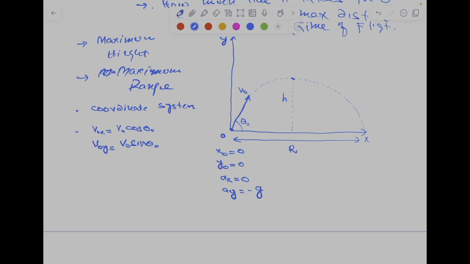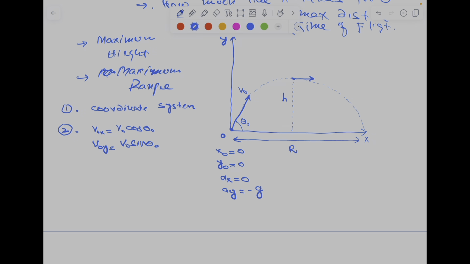When it reaches the maximum height, we learned that at this point it has only the x component, so the y component will be 0. So this is our second point. The first point is the coordinate system, the second point is resolving the velocity.